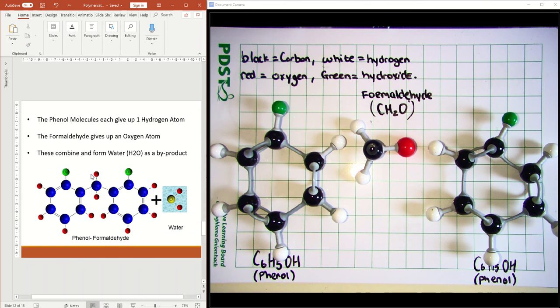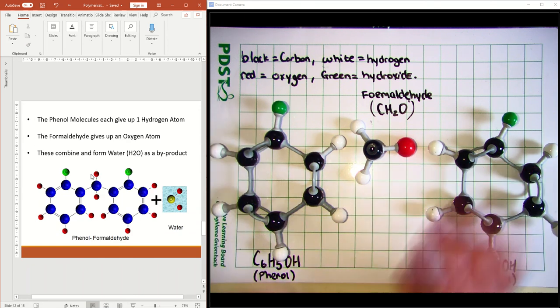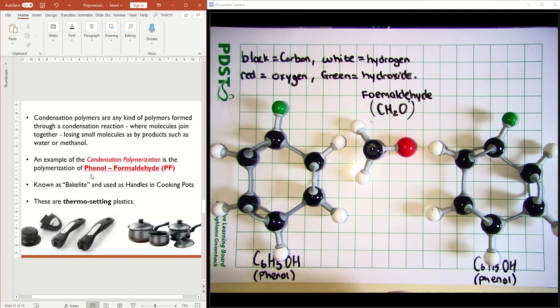Now, how do these join, and where am I getting my byproduct water? Where's this coming from? Okay, so basically in the process, as these join together, we said that in condensation polymerization, molecules join together while losing small molecules as byproducts.